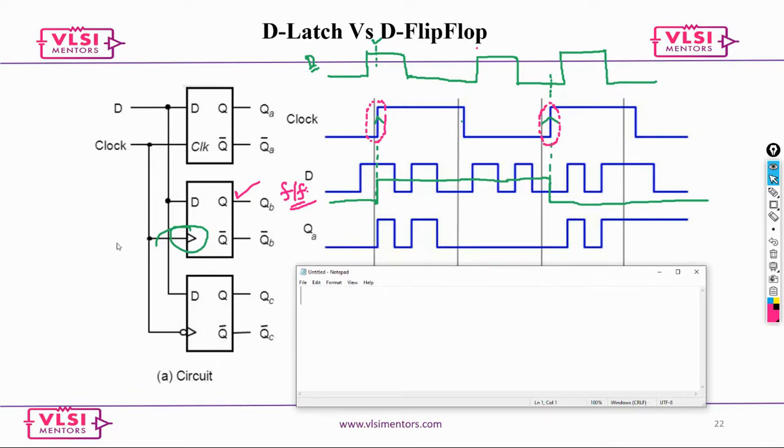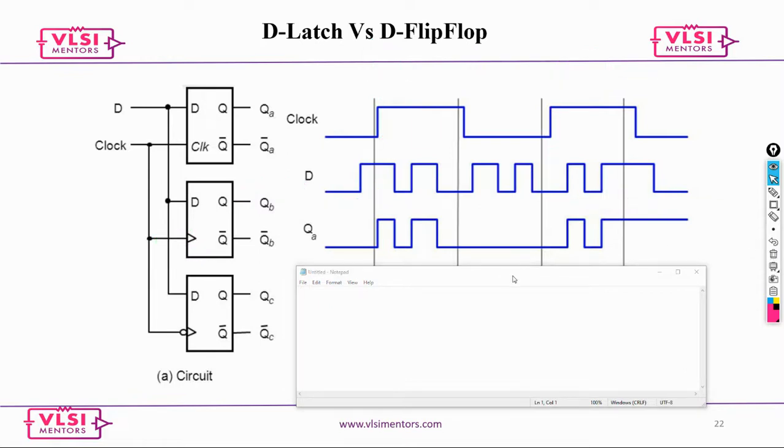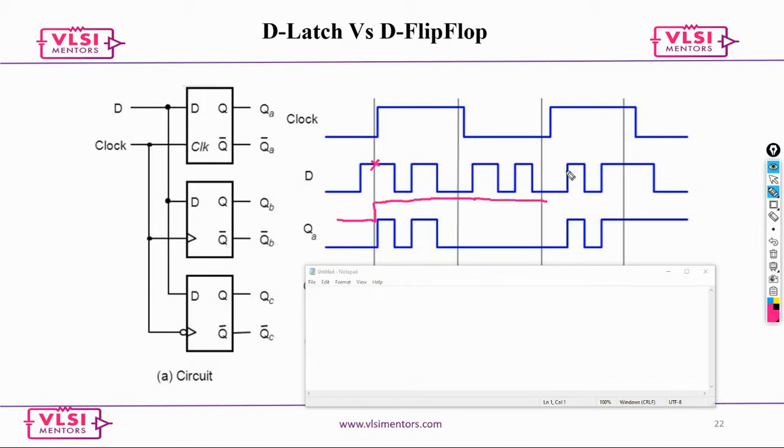Can we quickly draw the waveform for this B? What is going to be the waveform? Assume this is your clock period, and what is the value? D is basically high. Now it is going to go all the way till the next clock edge.